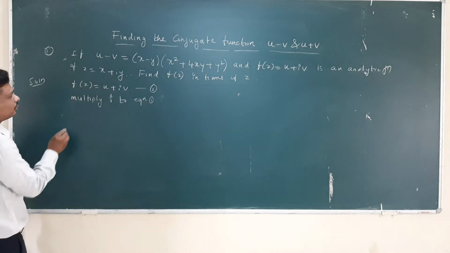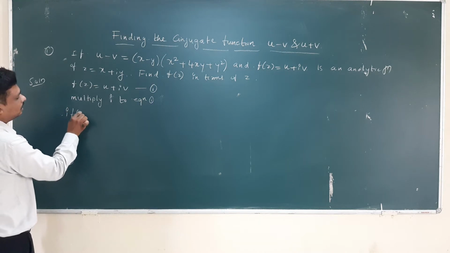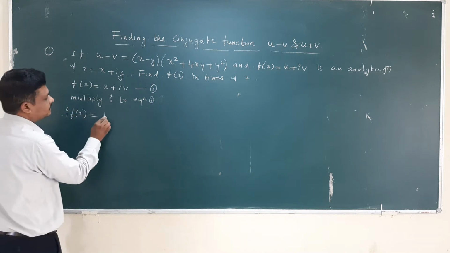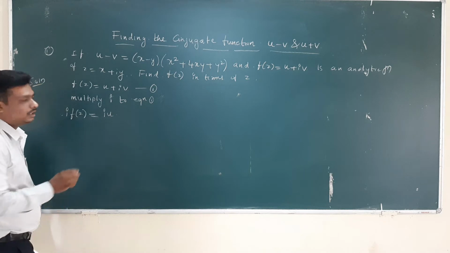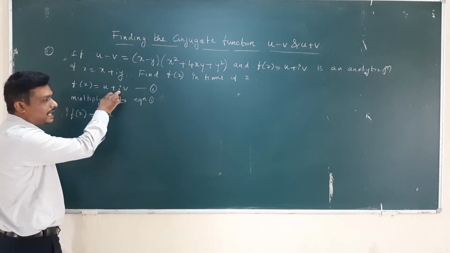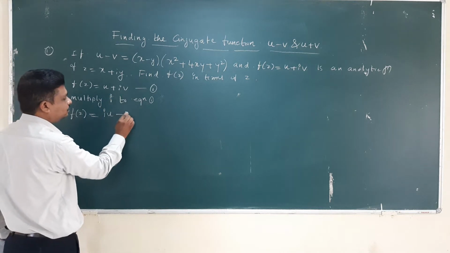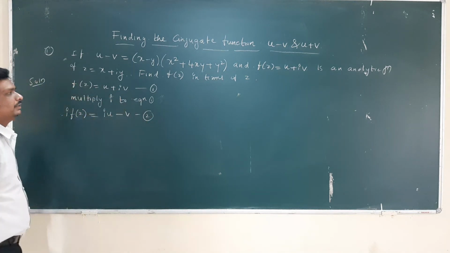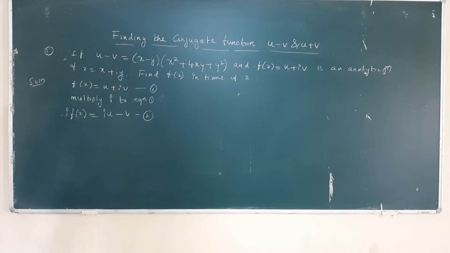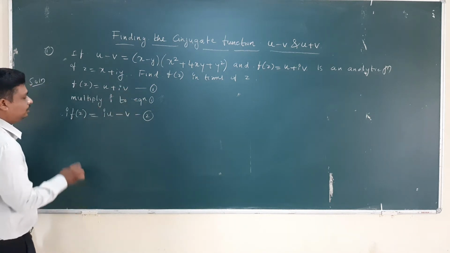So equation number 1 becomes i into f of z equals i into u. If I multiply i here, i into i becomes i square, which is minus 1, so this becomes minus v. Now what I do? I will add equation number 1 and 2.